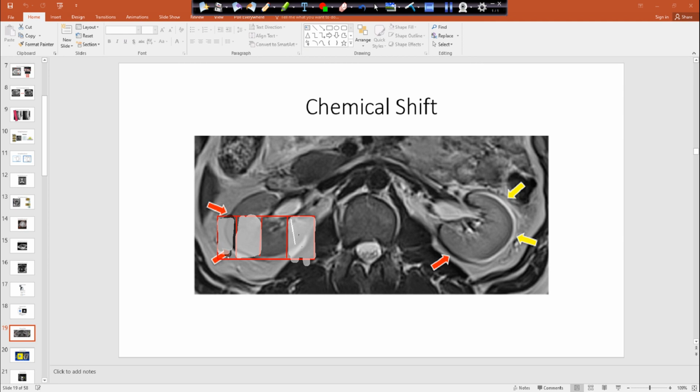So chemical shift increases as our field strength increases. B0, our static field strength increases, our chemical shift increases.